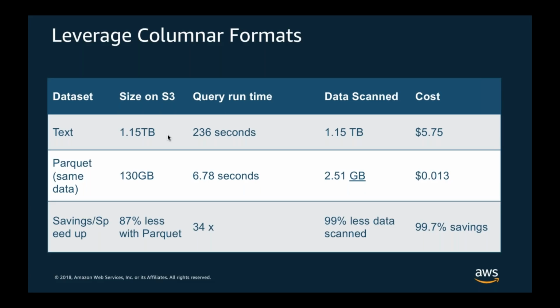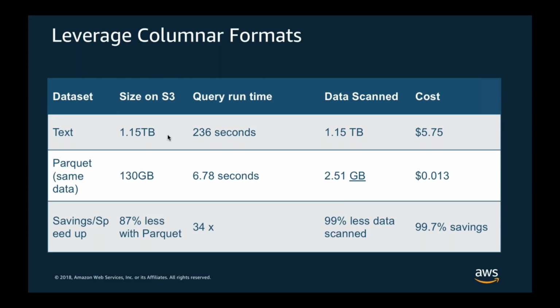The same query runs much faster because it's able to scan and read only the specific columns. And more importantly, the data scanned is much less. It's only 2.5 GB, which means that you end up paying much less than what you paid for the text-based format. So when you're leveraging Spectrum, always think about keeping your data in columnar formats in S3.